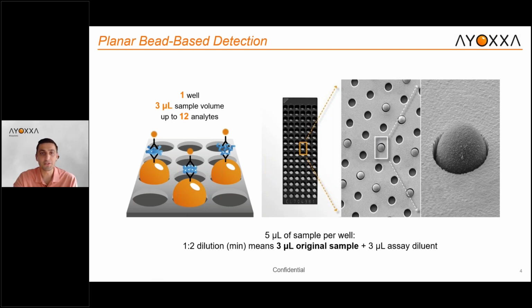Our LUNARIS technology operates on a planar bead-based detection system for multiplexing. Pictured here in the middle is an image of our biochip, which is the heart of our platform. These biochips come in a 96-well format, and in each well, there's approximately 10,000 microcavities that houses our proprietary beads.